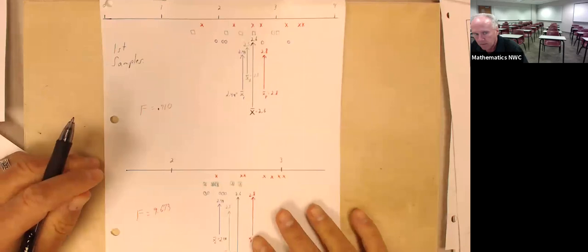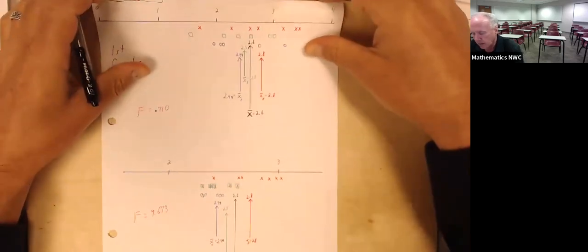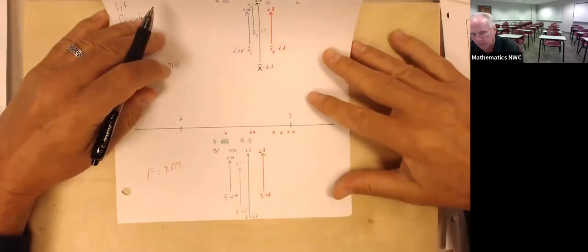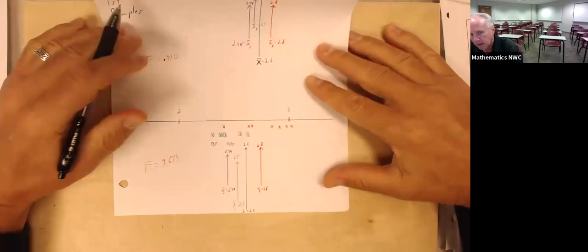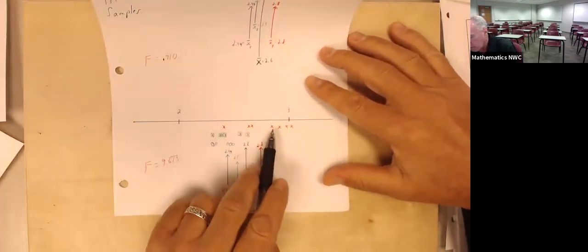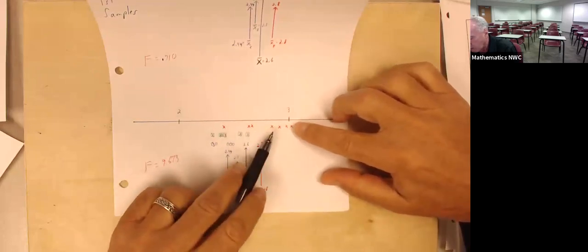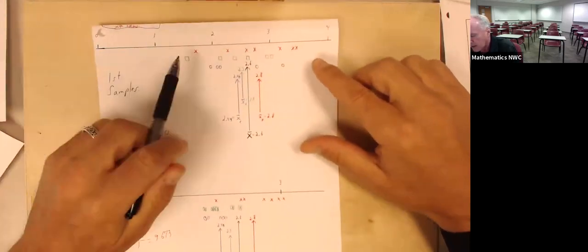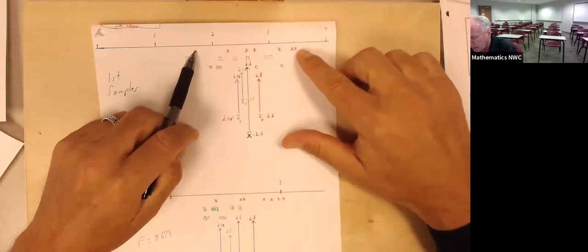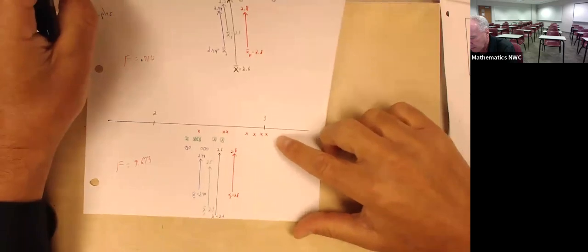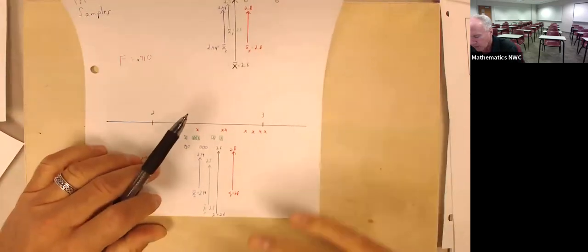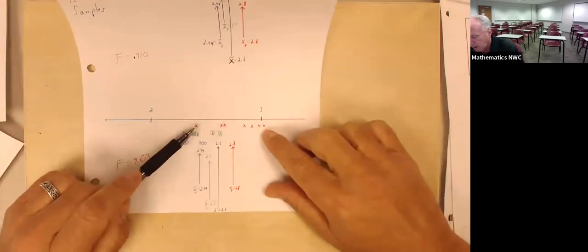Compare that now to this group right here. I'm going to have to fold this up a little bit. This group of football players is tighter. They're almost all between 2.4 and 3.1, where these went down into the 1s and up into the mid-3s. These football players are bunched together.